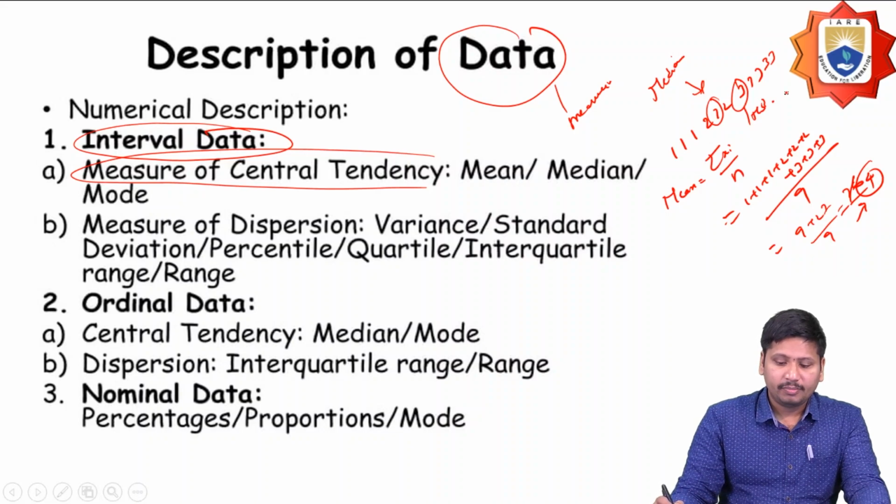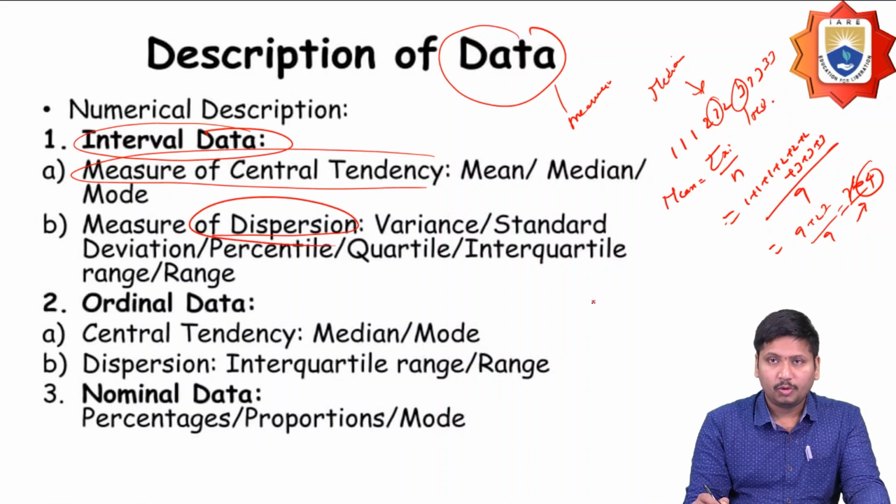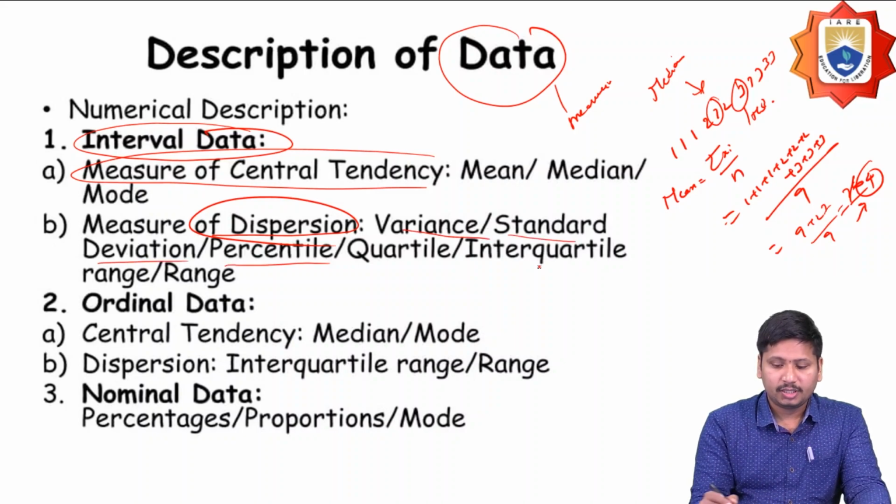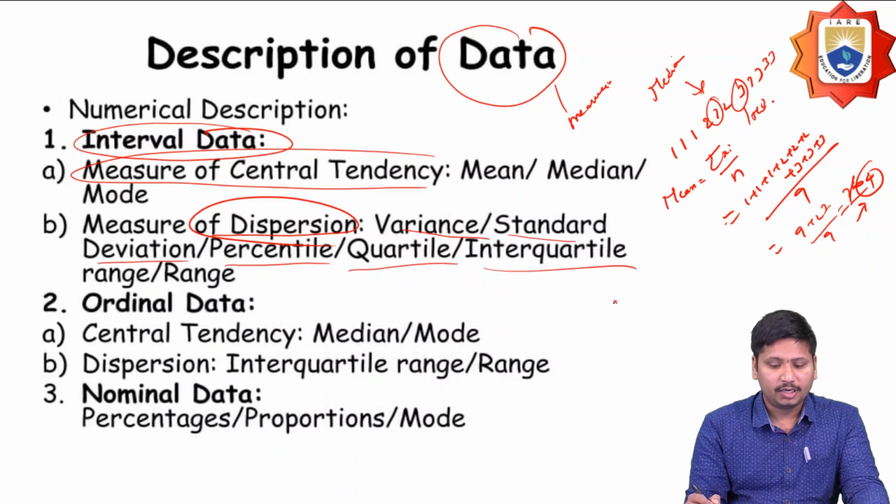So similarly, for the measures of dispersion, I'm going to consider the variance, the standard deviation, percentile, quartile, and interquartile range. For that, I'm going to consider how the variance is calculated, standard deviation, percentage, and all.